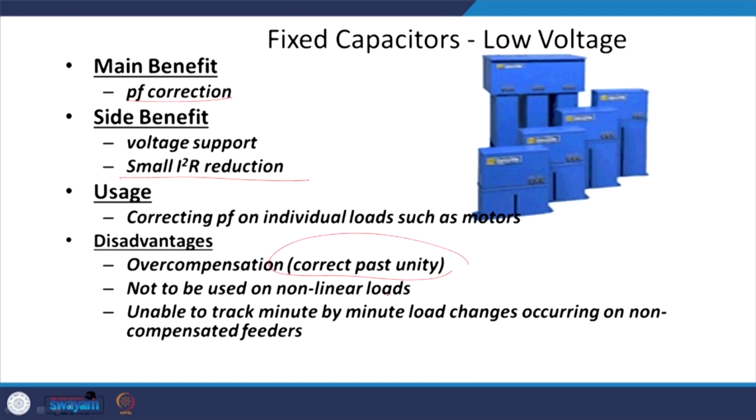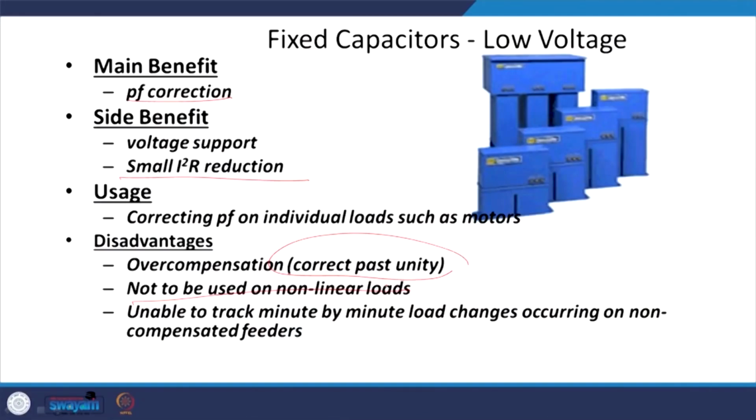If you have a fixed capacitor, it may overcompensate and you may have a capacitive VAR. It is not to be used for the nonlinear load, because you may cause damage to the capacitor and may cause resonance of the capacitor. It is unable to track minute by minute loading changes occurring on the nonlinear feeders. So, we require proper data to detune it, which is sometimes not possible, and thus you may get resonance.